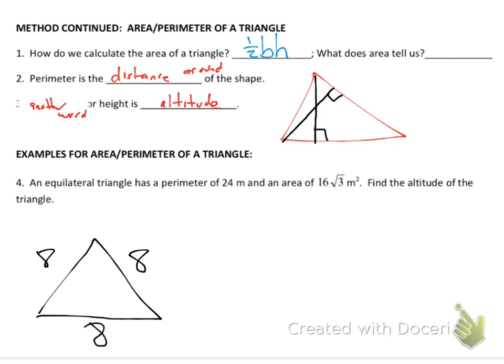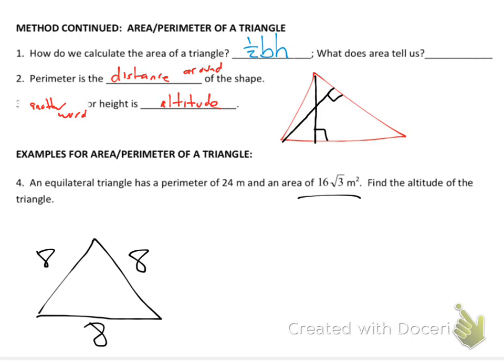Okay, so I think everybody would have been able to do that. But then it says that we have an area of 16 square root of 3. What is the altitude? So in this case, I drew my triangle kind of in a nice way, right? Flat bottom going to a peak.